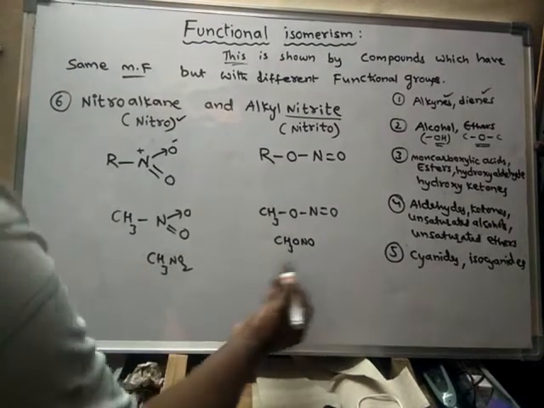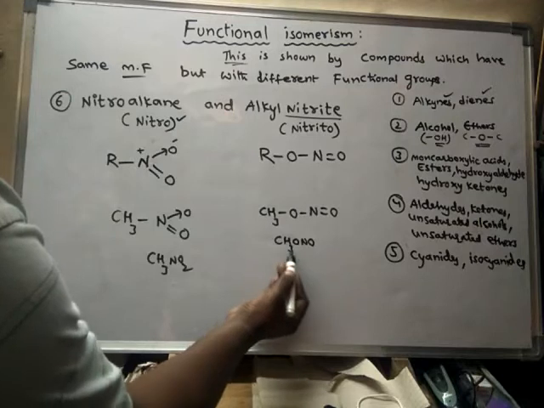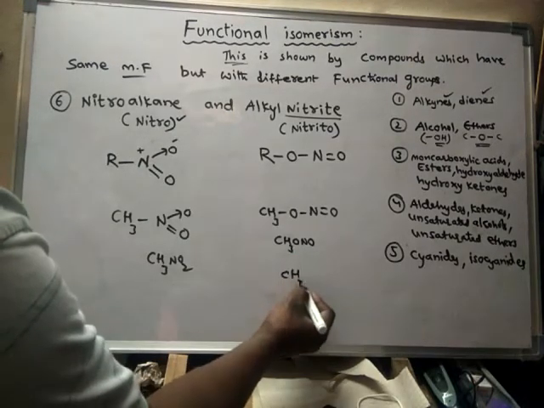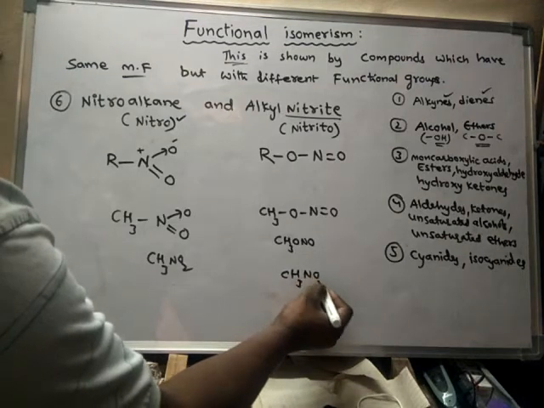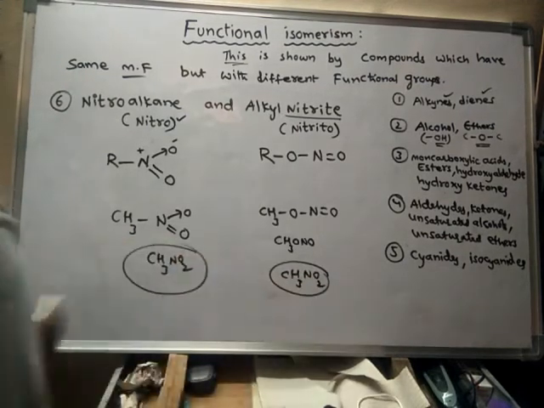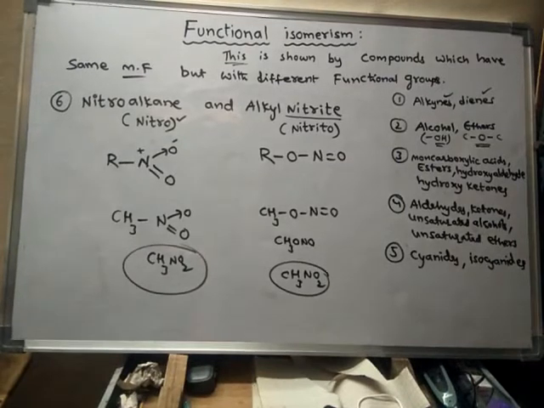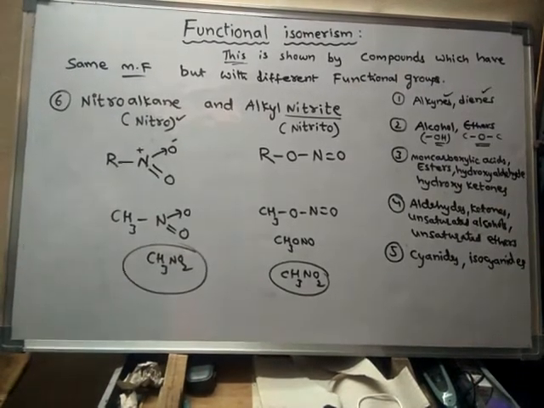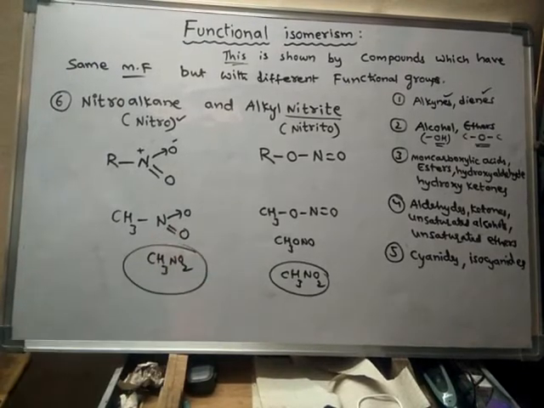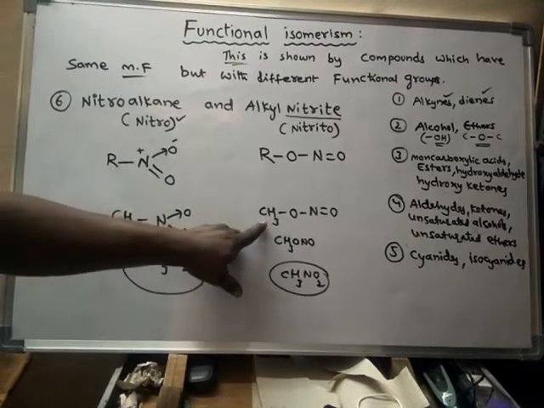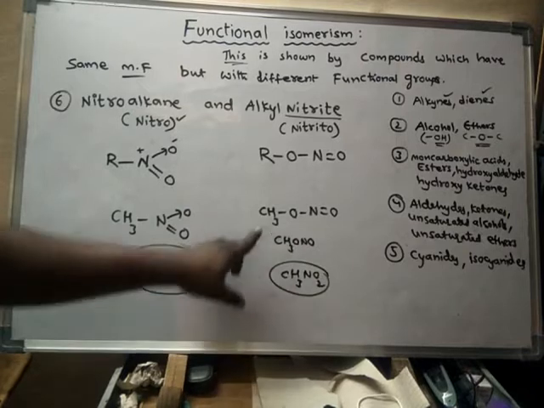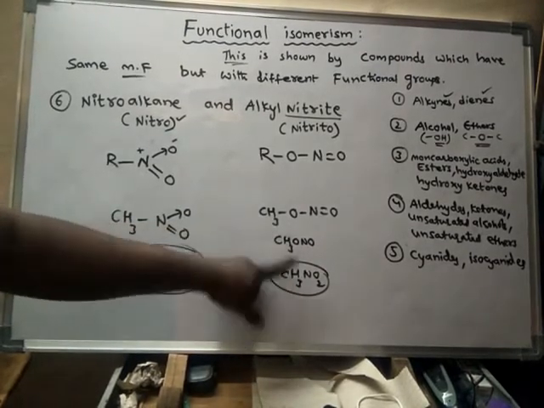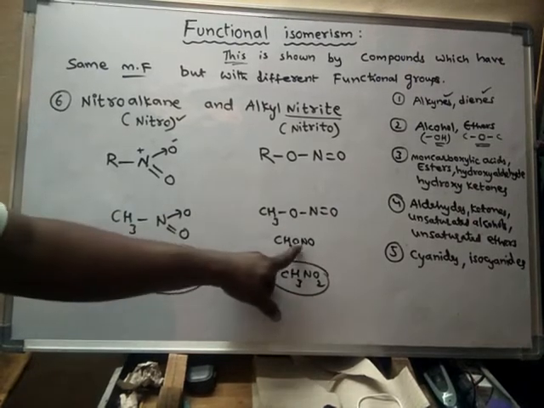So what is the molecular formula? Its molecular formula is CH3NO2. Molecular formula means the number of atoms of each element present in one molecule. So: 1 carbon, 3 hydrogens, 1 nitrogen, 2 oxygens.